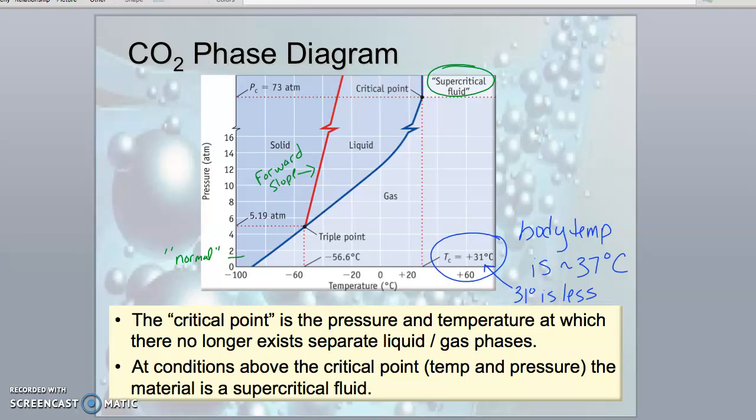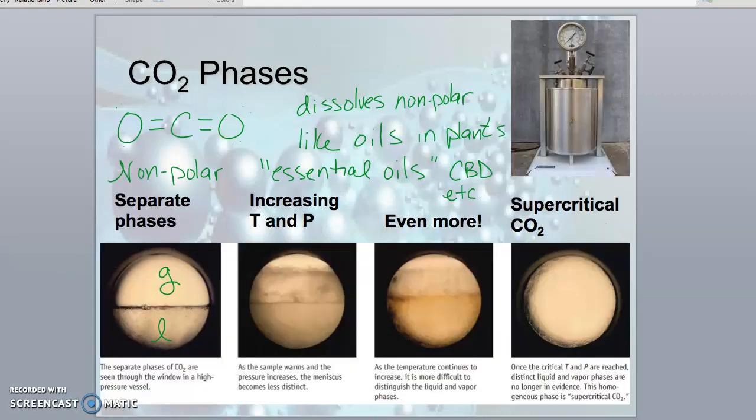So what that means is we can take something like plant material and grind it up and put it in this apparatus and get to this supercritical state, and it's not too hot to decompose the plant material or burn it up.